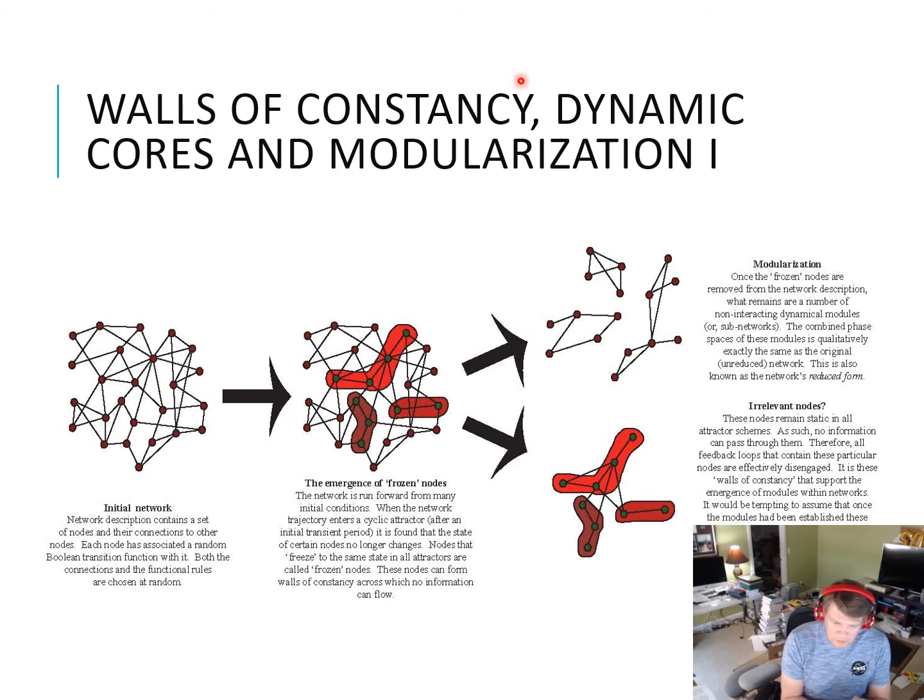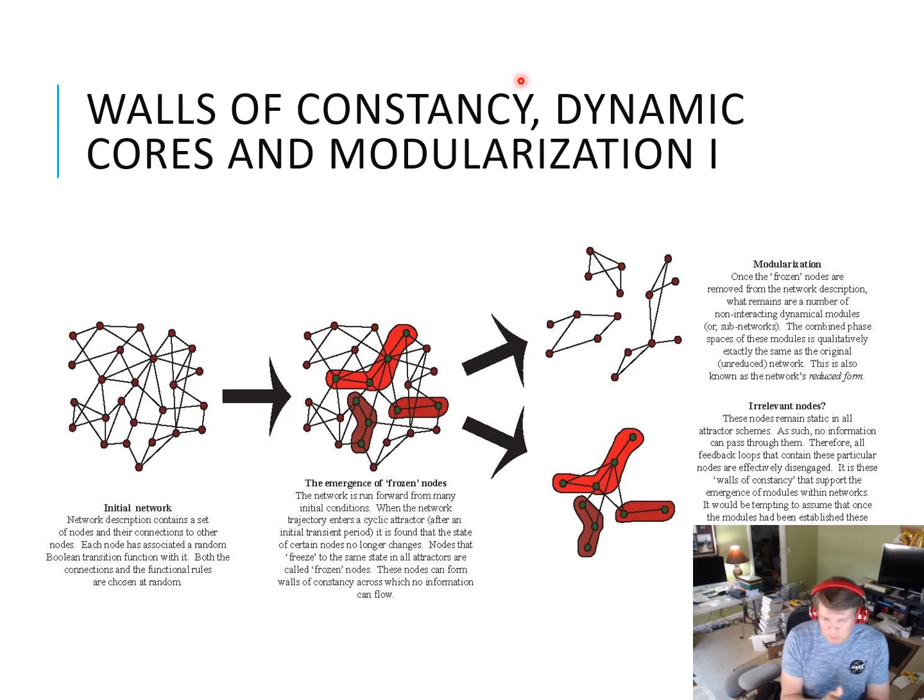If there wasn't this notion of modularity, then the system would almost be chaotic. It would explore every possible state. You could think of it as having one gigantic chaotic attractor, and that would be it. And by chaotic, I just mean it would jump through every state of the system essentially randomly.